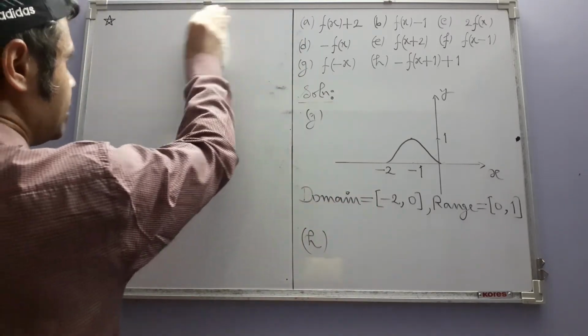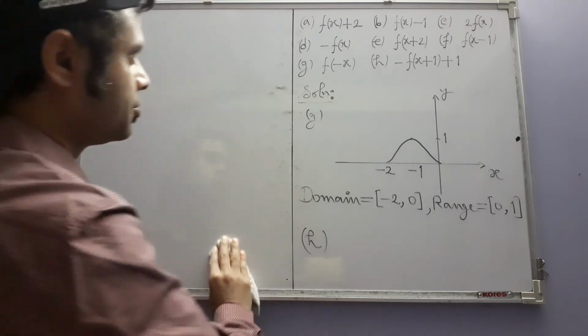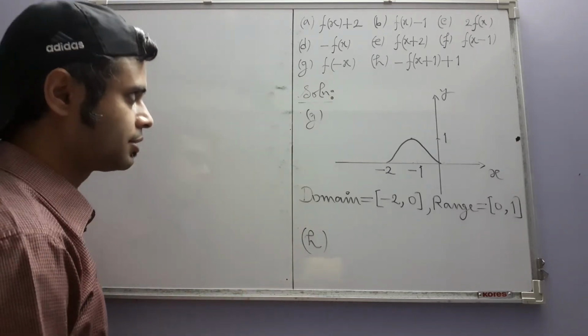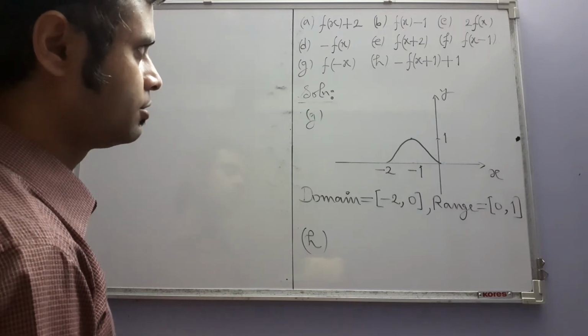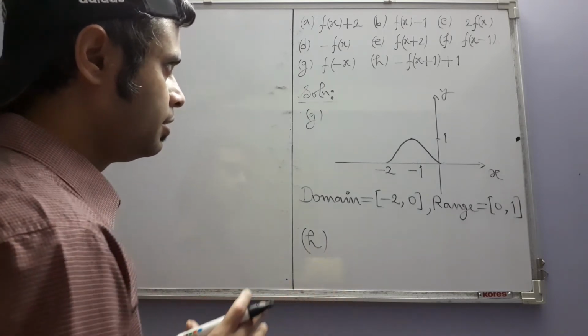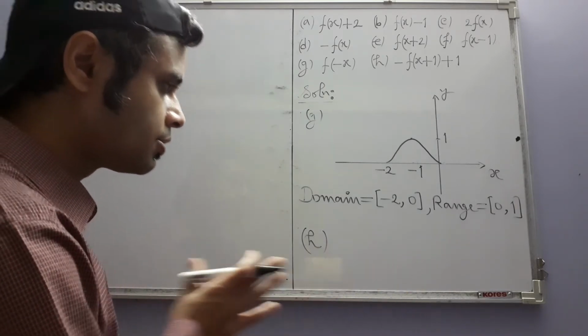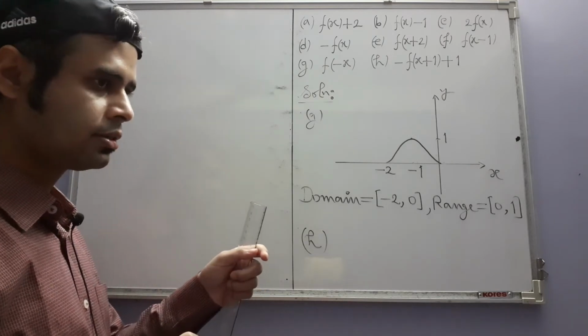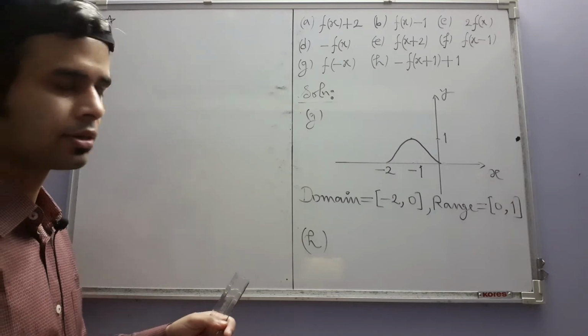We are not adding 1 to the original output values, but to their negatives. So it involves everything. It has been carefully chosen by the authors. It involves horizontal translation, then reflection, and then also vertical translation.